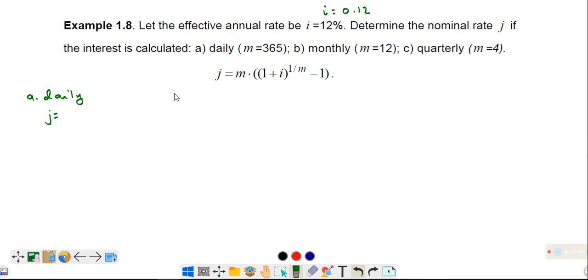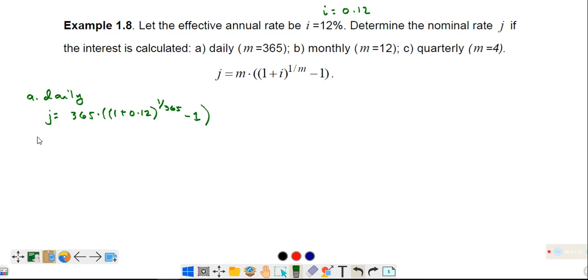Nawawala si J. We have the value of M, which is 365, times, open parenthesis, quantity of 1 plus I, given si I, 0.12, raised to the power of 1 over 365, minus 1, and then close your quantity.